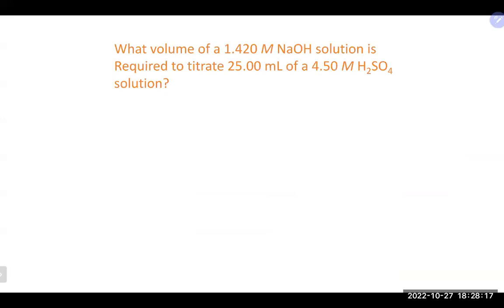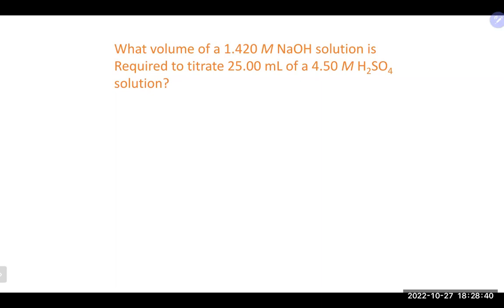All right, so let's talk a little bit about a titration problem, which is really just a solution stoichiometry problem. If we wanted to know the volume of sodium hydroxide that's required to titrate 25 milliliters of 4.5 molar sulfuric acid, it's really a stoichiometry problem.